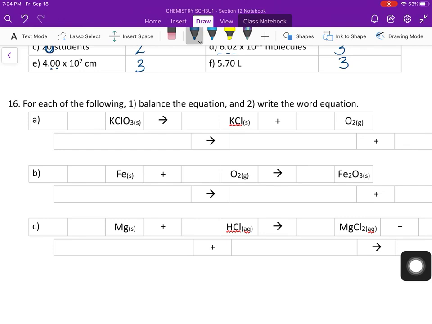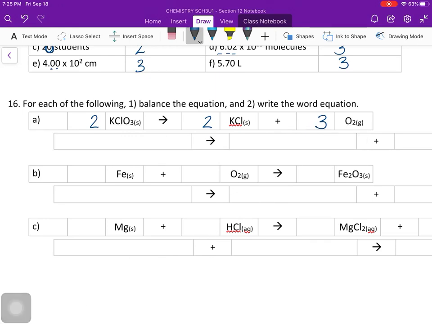So I can get 6 oxygen in my products by having 3 molecules of oxygen. And on the reactant side, I can get 6 oxygen atoms by having 2 molecules of potassium chlorate. That is going to leave me with 2 potassium and 2 chlorine, which 2 potassium chloride will balance out. So on each side, I have 2 potassium, 2 chlorine, and 6 oxygen. So this is now balanced.